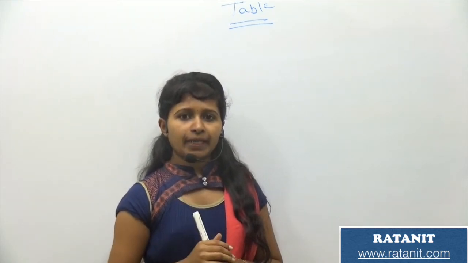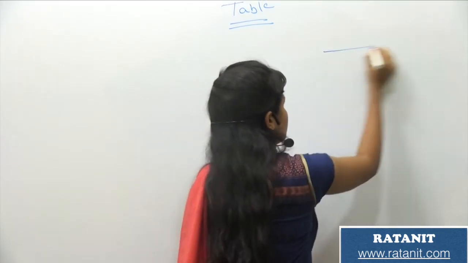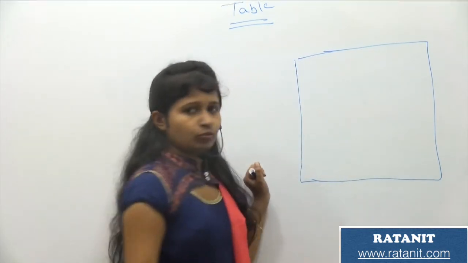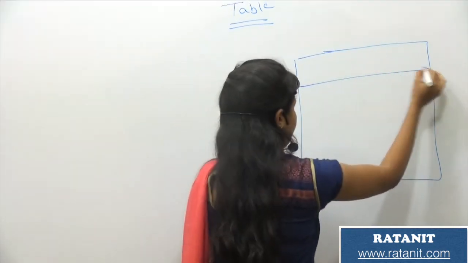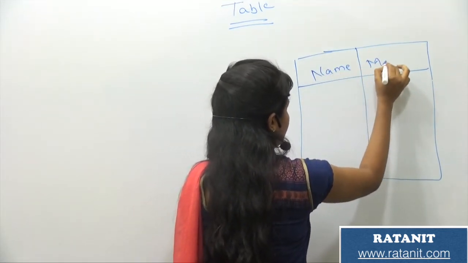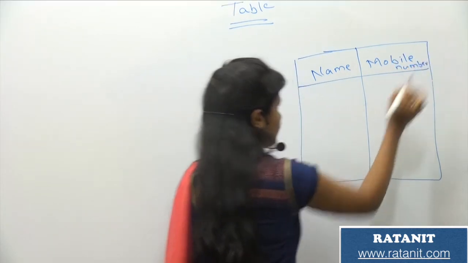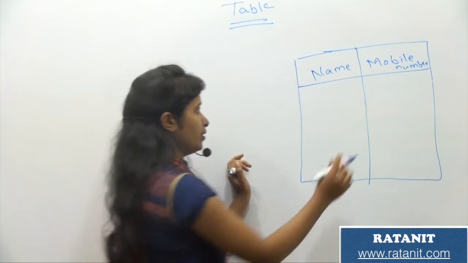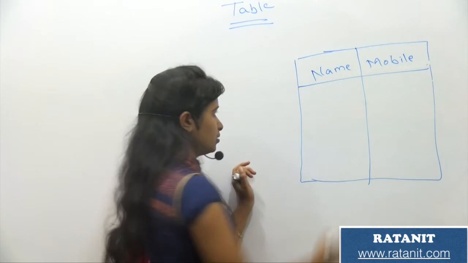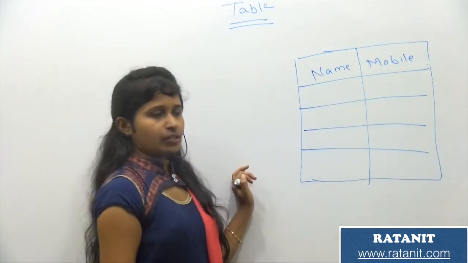If I want to display a table, how does the pattern look? It looks like this: name, mobile number, and we have the data here.